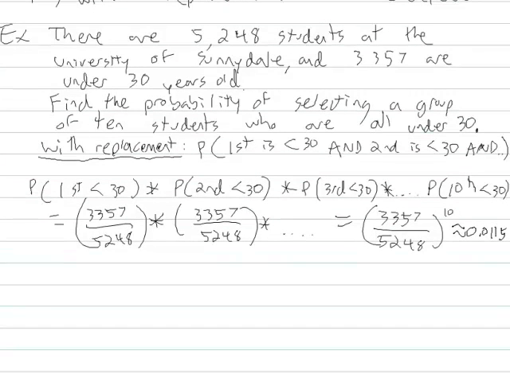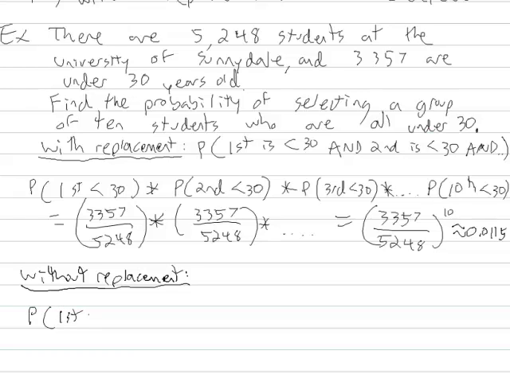Now, what if I do this with replacement? I'm sorry, without replacement. Well, then what we're going to end up with is we have to do conditional probabilities. And so we essentially have to say, well, the probability that the first one is under 30, and then times the probability that the second is under 30, given that the first was under 30.